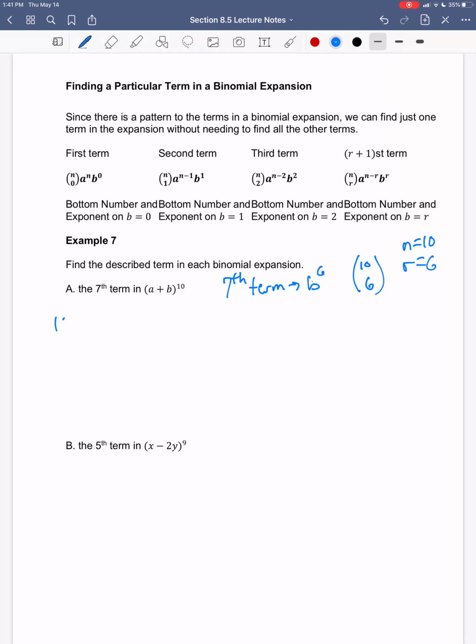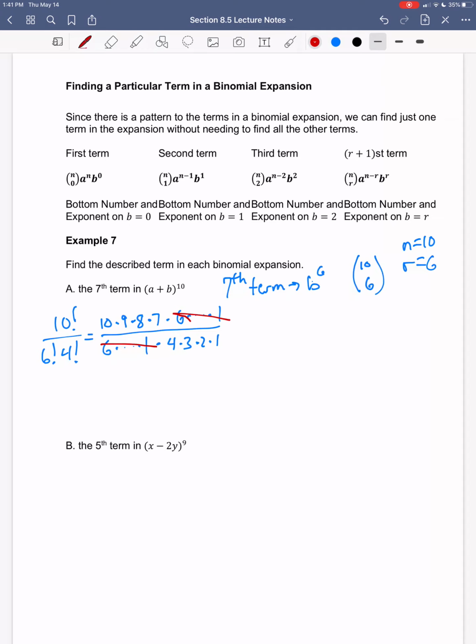So that's going to be 10 factorial over 6 factorial times 4 factorial. So 10 times 9 times 8 times 7 times 6, but then that's going to cancel out with all this stuff in the bottom, except for the 4 factorial. So this 6 factorial in the top cancels the 6 factorial in the bottom. I get 10 times 9 times 8 times 7.